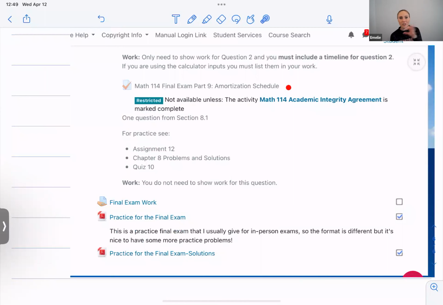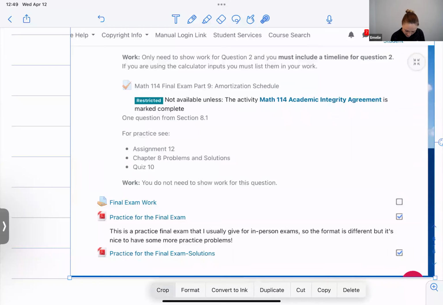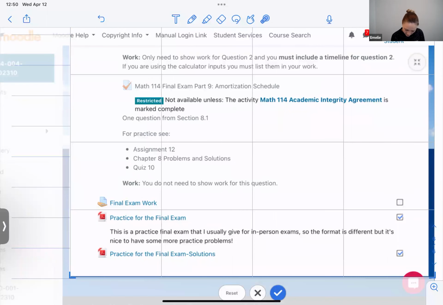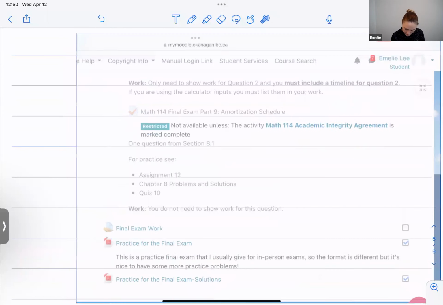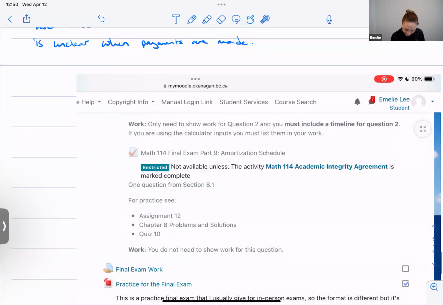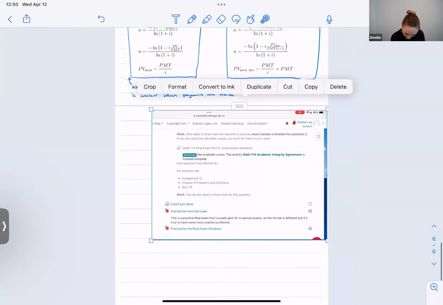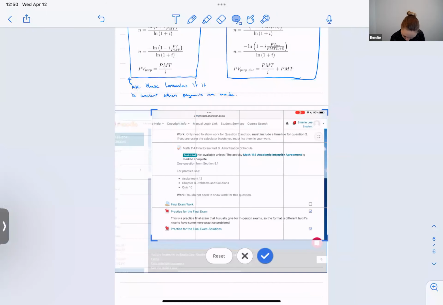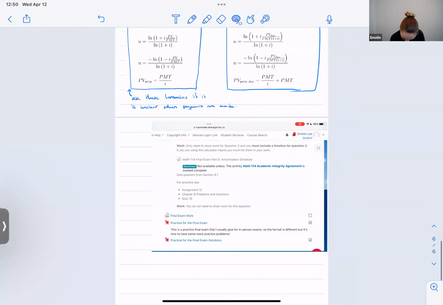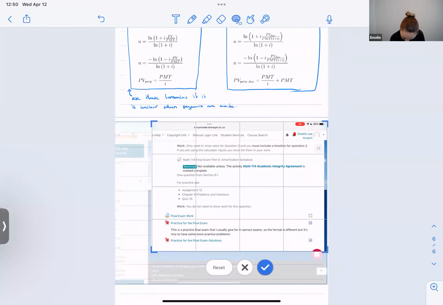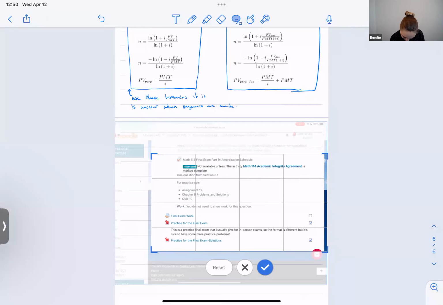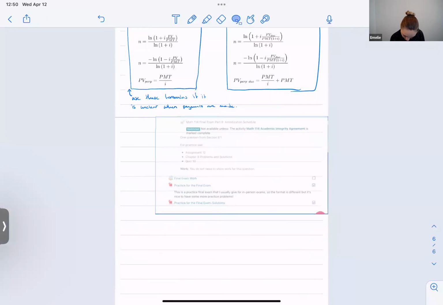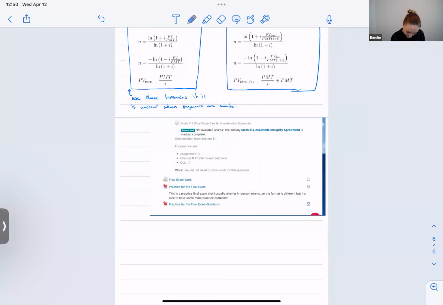It's usually a mortgage amortization schedule or any sort of loan amortization schedule. And I'm going to crop this so it doesn't look so confusing, because right now it has information on part 8 there, and I don't want that. Okay.